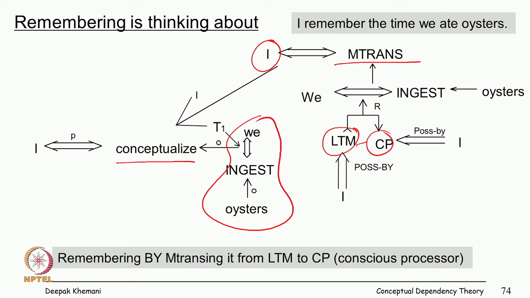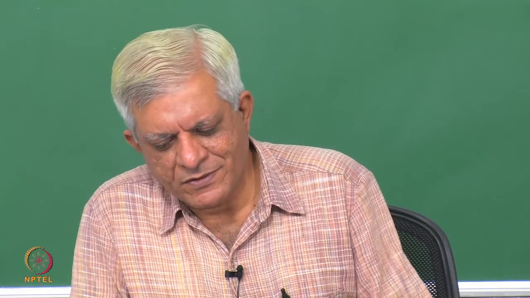This fact which is residing in my long term memory, I have brought it to my conscious processor, and that is how I will model the term remember essentially, that I bring it from my long term memory into my conscious processor.